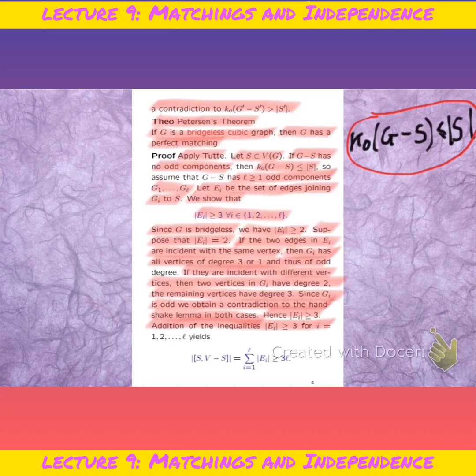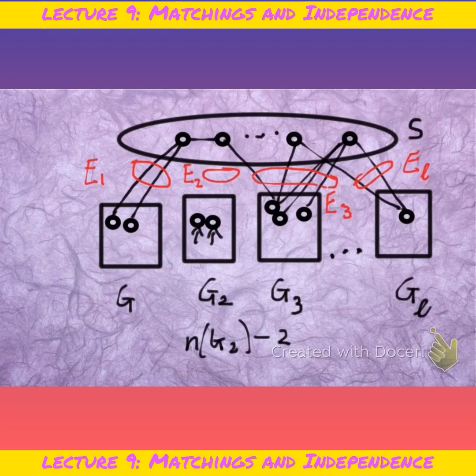So let's go and count the number of edges. What I want to count is the number of edges between the set S and the set of vertices between my Gis.